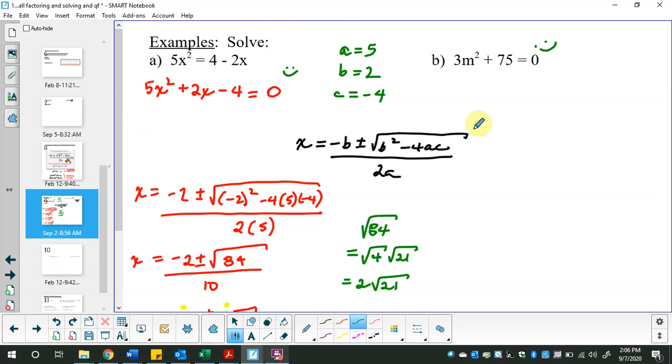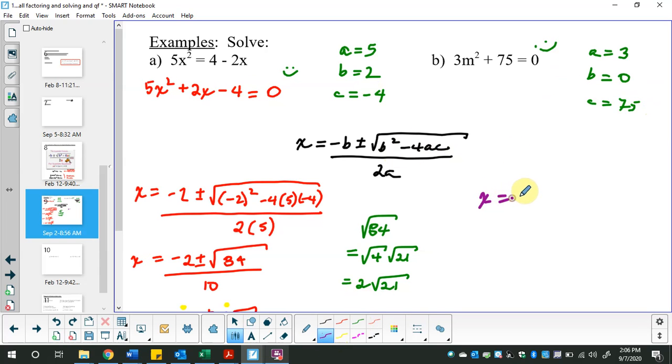Again, I need my A, B, and C. So A is 3, B is the number beside the x, so in this case the m, and there isn't one, so that's a 0. And C is the number without any letters, so that's a positive 75. So I'm going to dump them into the quadratic formula as well.